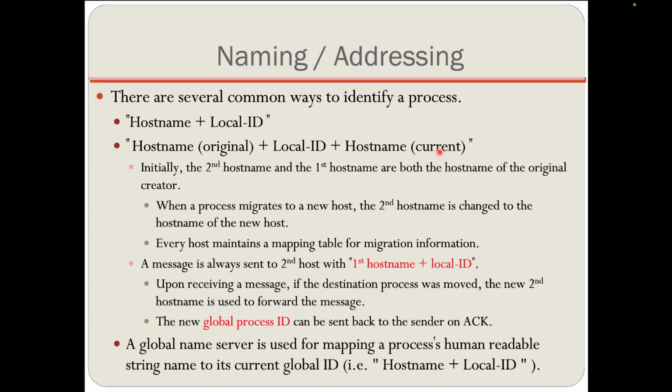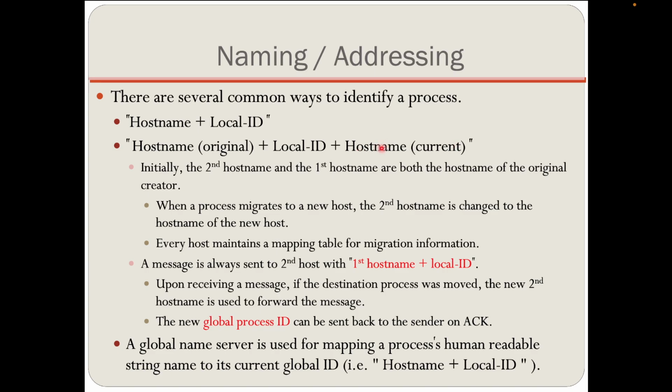That's because during its life cycle the process may be moving around, or migrate from one host to another host. In a distributed system, it's possible. So to cope with this situation, we use this second host name.